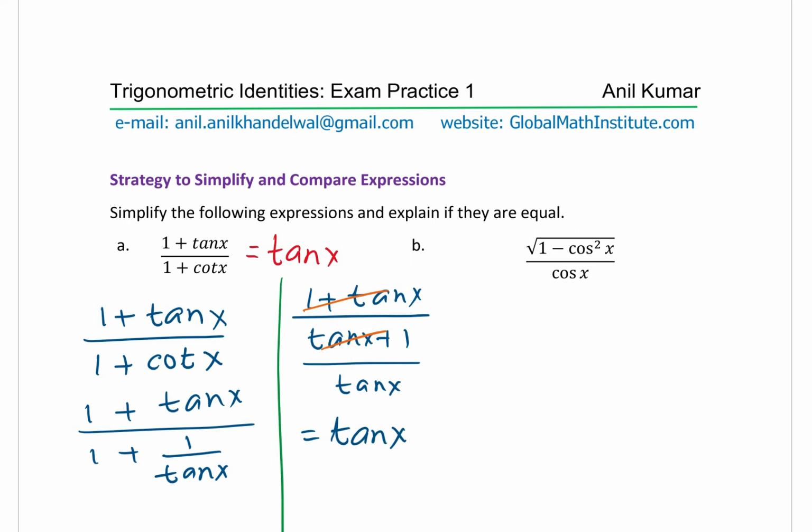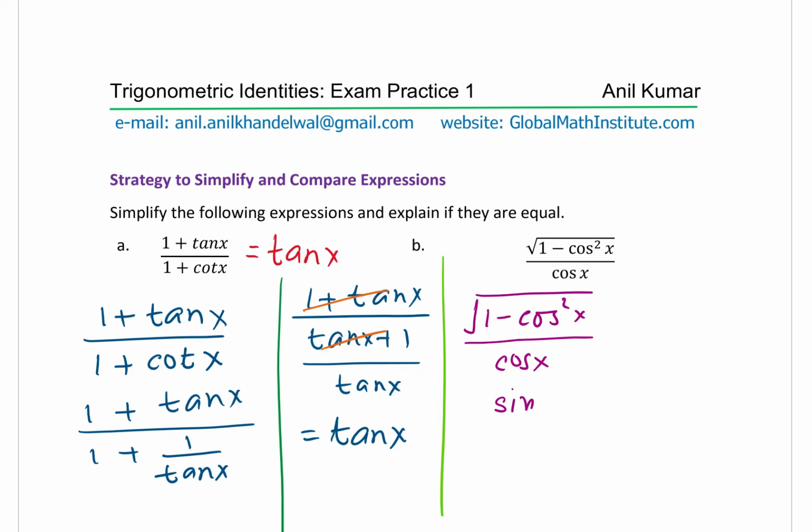Now let's look into the other expression, which is square root of 1 minus cos square x over cos x. Now 1 minus cos square x is, as we learned, sine square x. So we have square root of sine square x over cos x. The square root of sine square x is always a positive quantity.